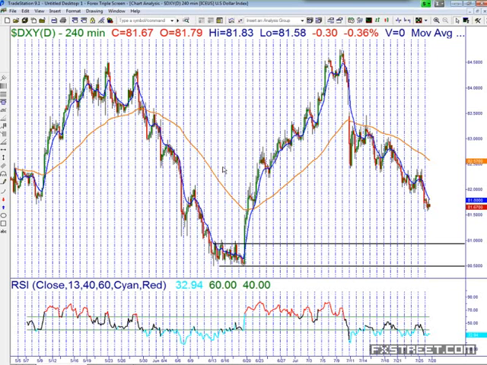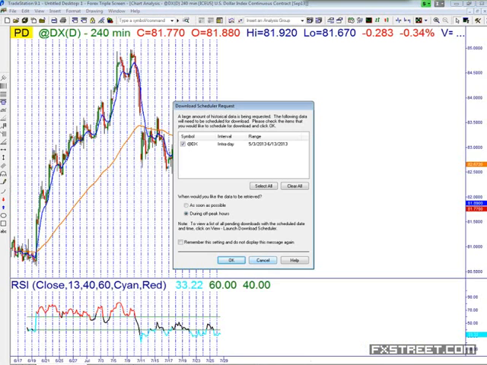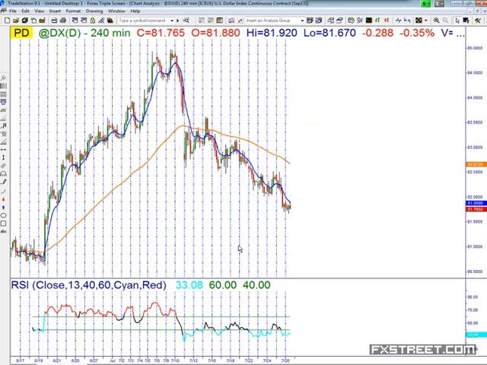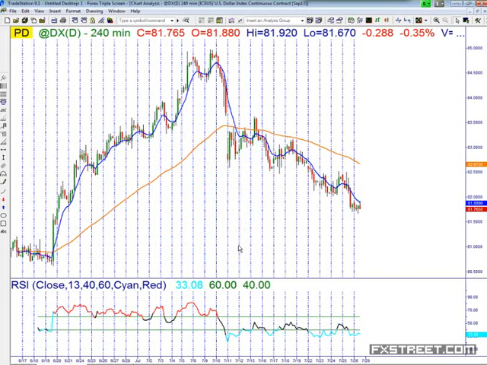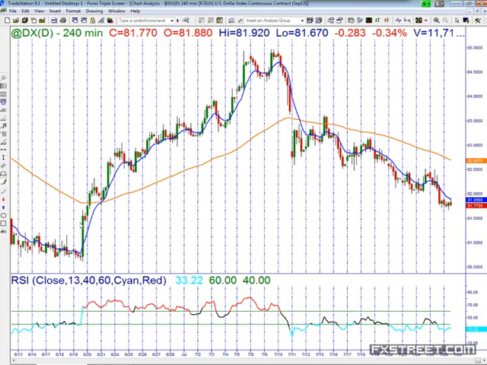So when I'm looking at the dollar, actually, I'm not sure if I have the dollar futures on this account. Yeah, I do. I have dollar futures, but it's delayed. So I can actually look at the futures here, which is a tradable security. And looking at that, there is an area right here at about 81.50 that could qualify as an area of demand.